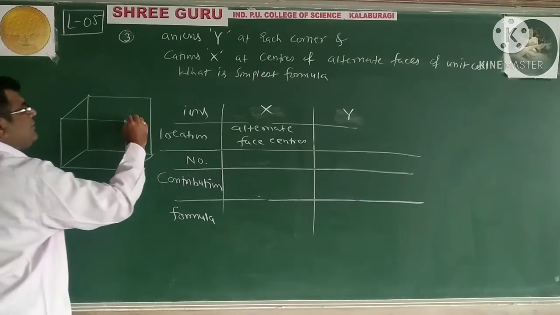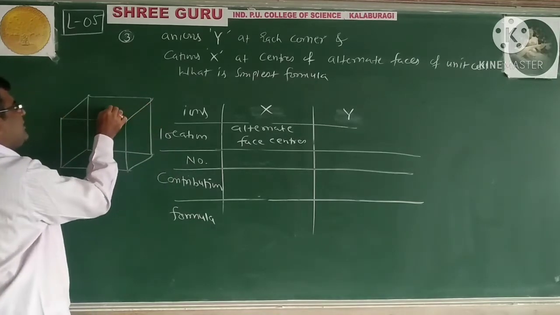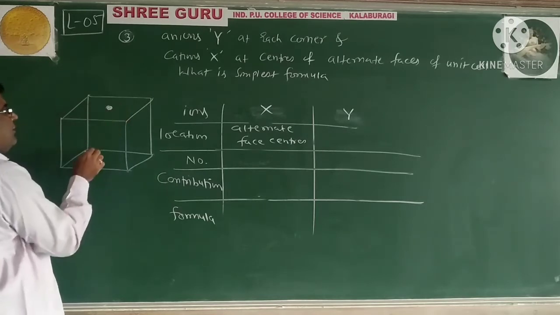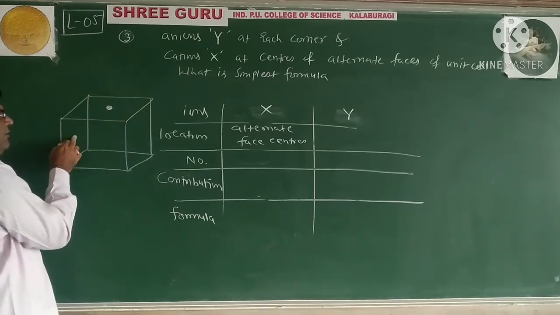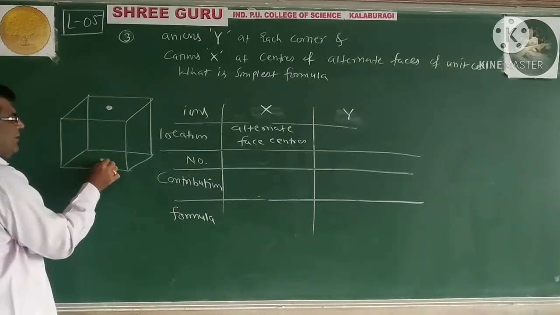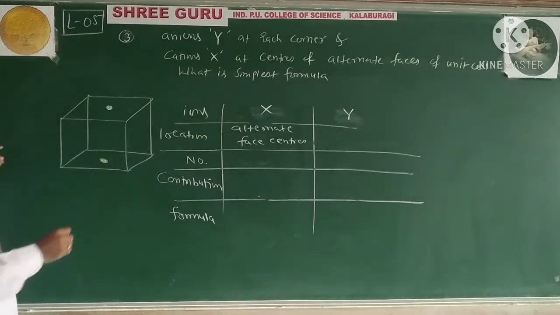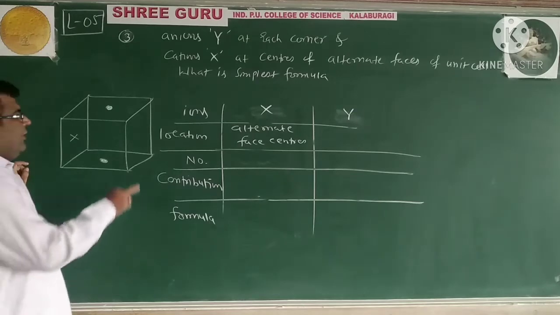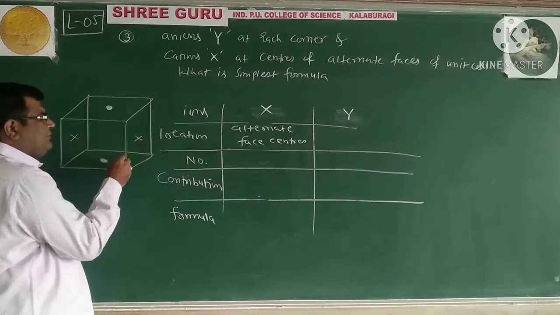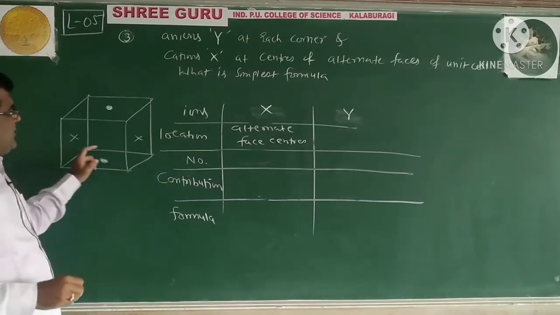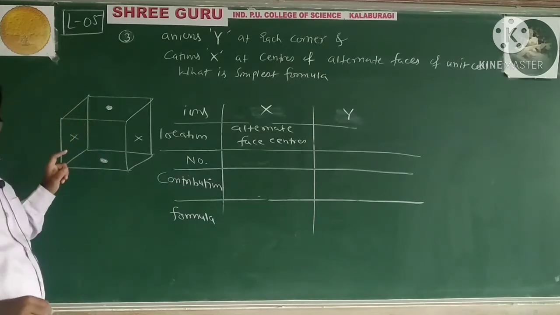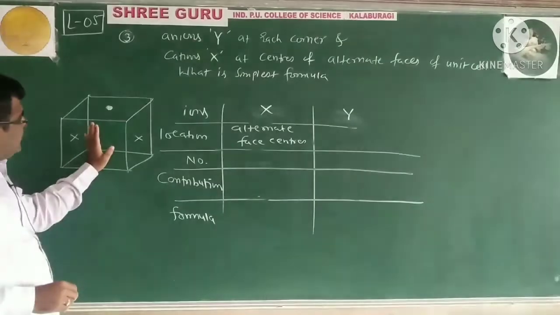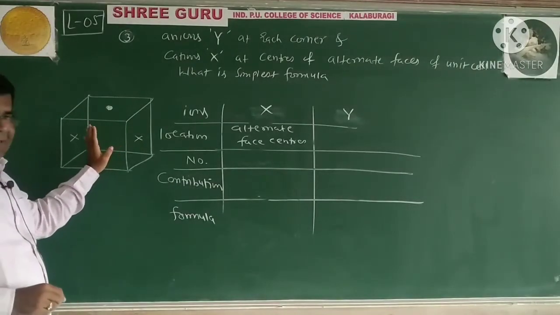If it is present here, it cannot be present here, but it will be present here. Alternate. This is vacant. This is vacant. This also should be vacant because they are present at alternate phase centers. Right. Now this is also alternate only.